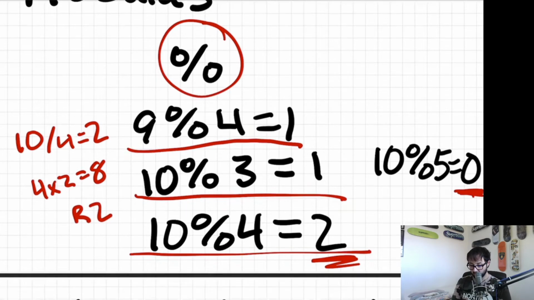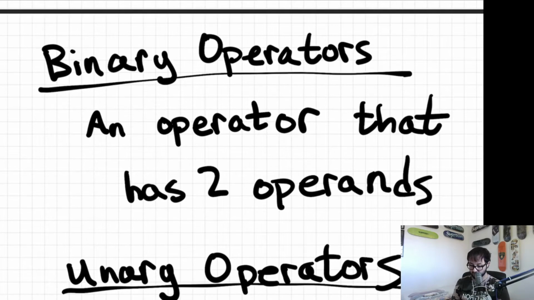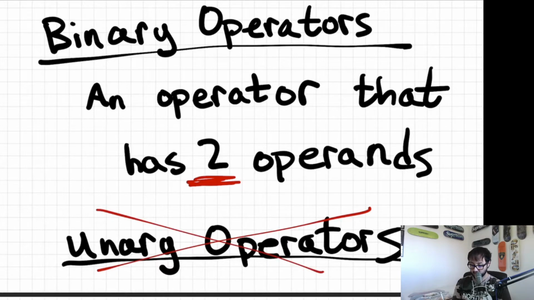And those are all examples of binary operators, an operator that has 2 operands, not unary operators. Unary operators are something that we're going to talk about in a little bit, but none of the operators we have seen so far are unary operators.